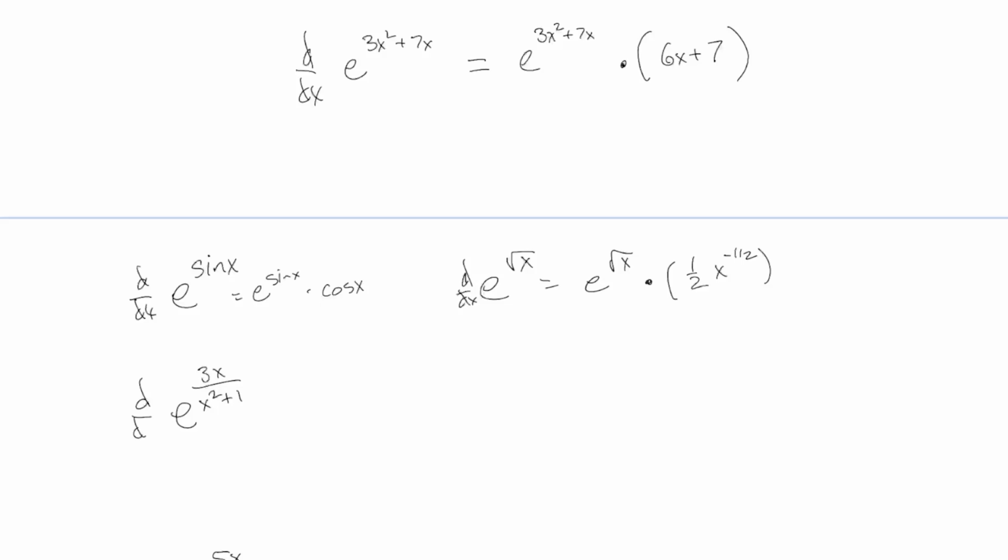For this one, to do this derivative, you should be, in my opinion, using the quotient rule, although there are other ways that you could rewrite this. You get the same thing again, e to the 3x over x squared plus 1, and then times the derivative of that original fraction using the quotient rule. I hope everybody remembers the quotient rule. It's not going to come up all that often this semester, but every so often it might.